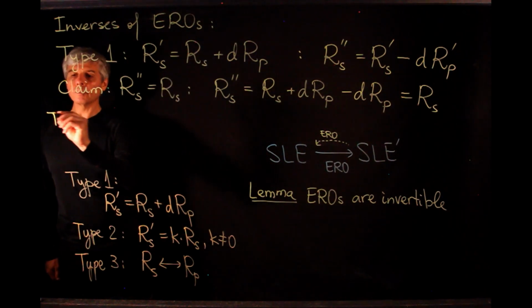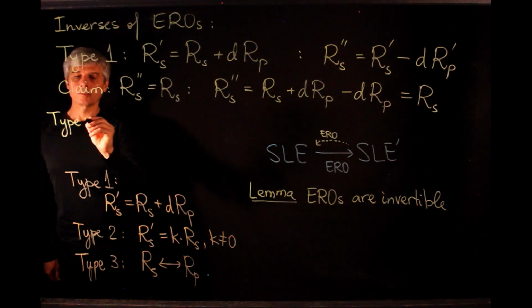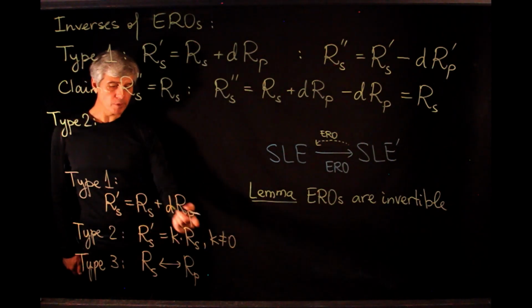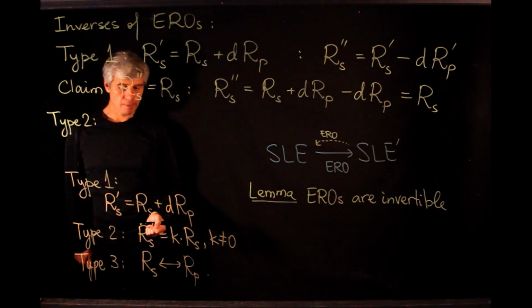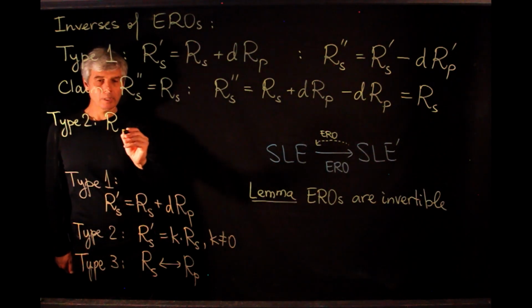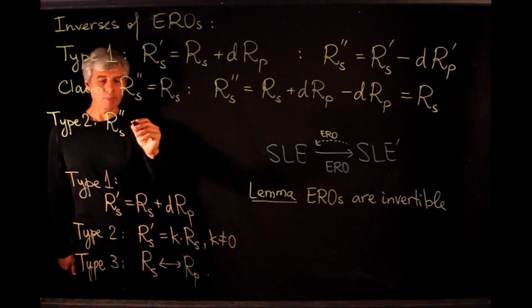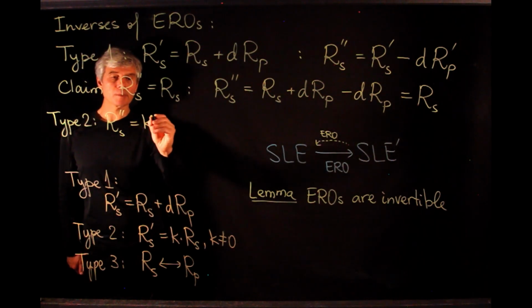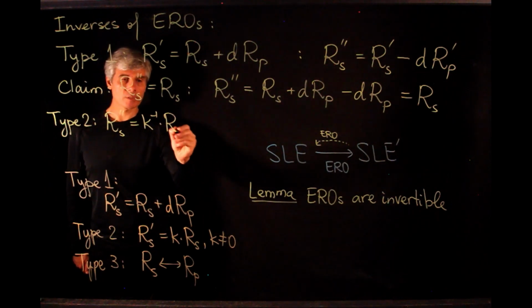For type 2, if we want to undo this transformation, all we have to do is divide by k, which is the same as multiplying by k inverse.